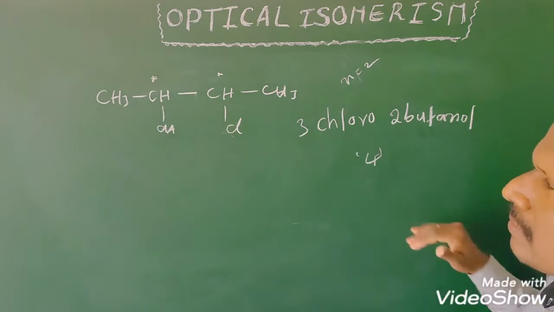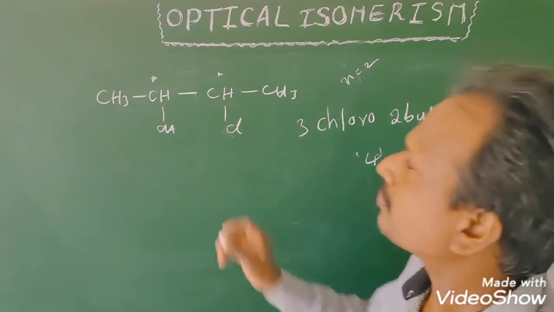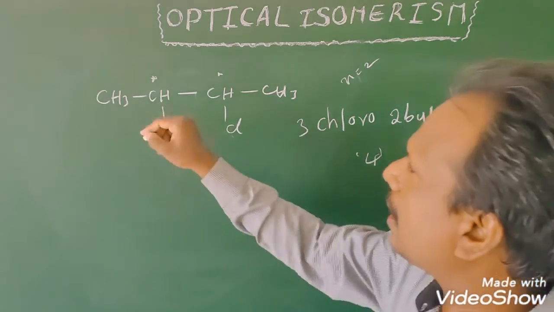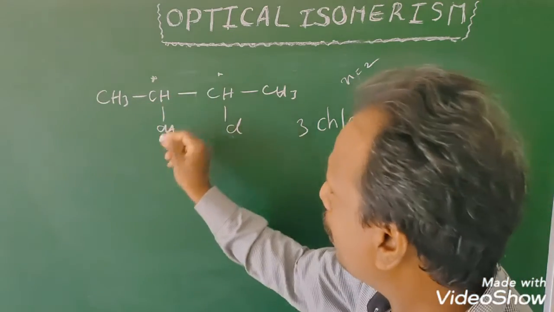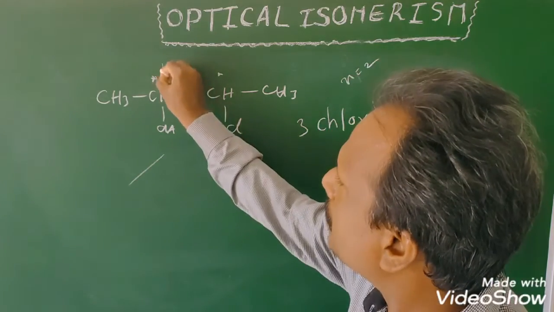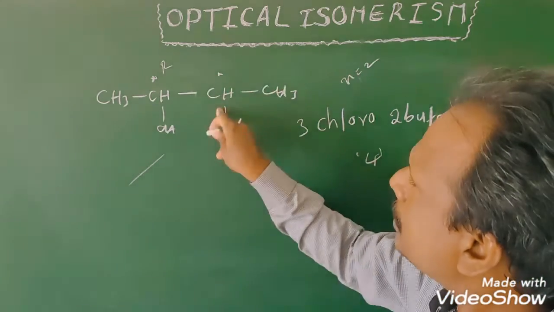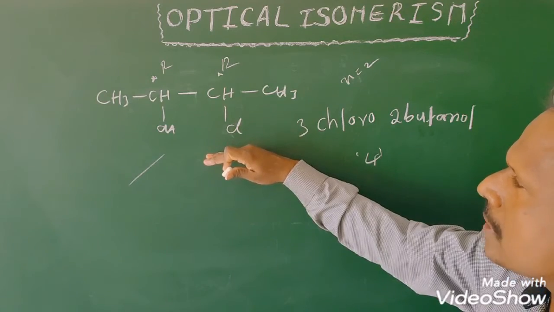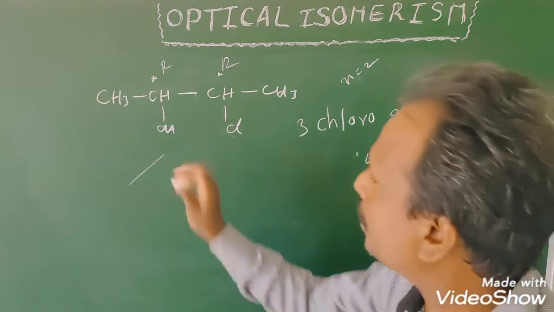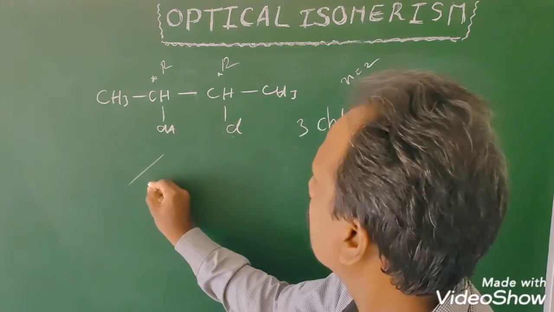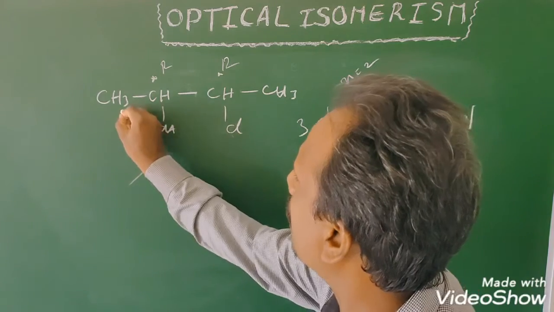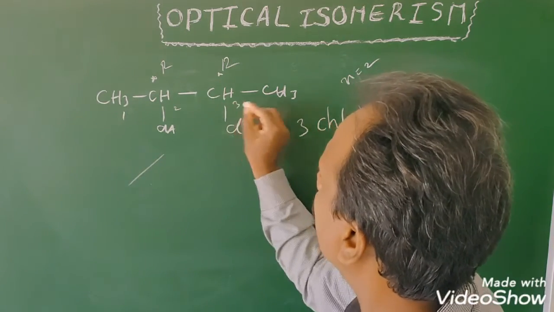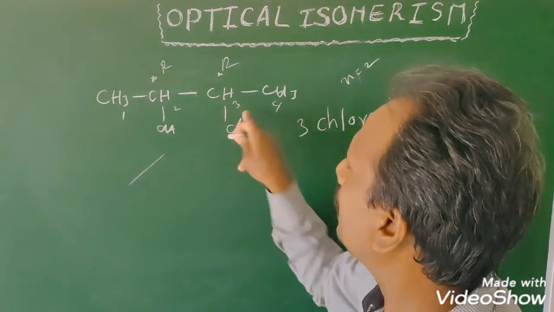What are their names? Their IUPAC names include the stereodescriptors. It is the chiral carbon. If in one isomer the chirality of this carbon is R, this is also R. The chiral carbon numbers are 2 and 3.